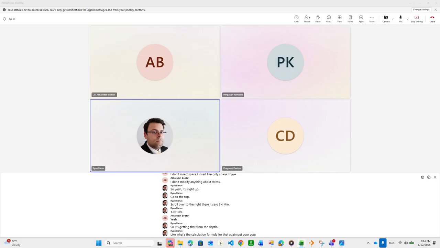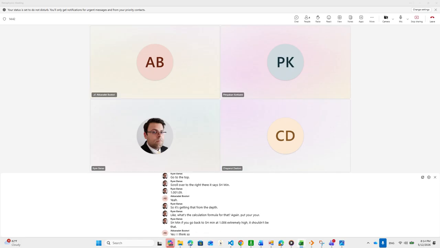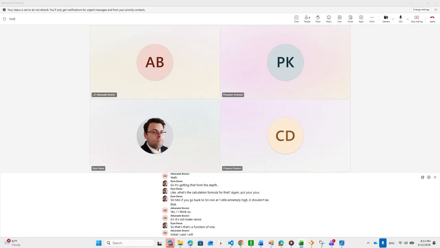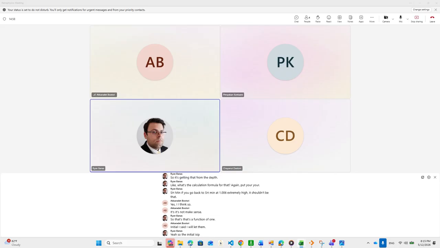Put your SH min. If you go back, SH min at 1.00 is extremely high. It shouldn't be that high. So that's a function of one. Yeah, so the initial ISIP thing, it says adjust initial ISIP set to the value of the first ISIP.